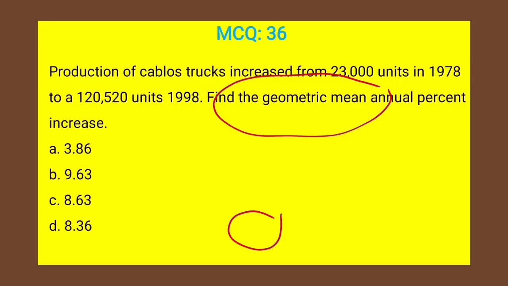So let's move on to question 36. This is also another aspect of the geometric mean. When you are finding the geometric mean of a given period of a particular item, we take into account the value of that item at the beginning, compared with the value of the item at the end.